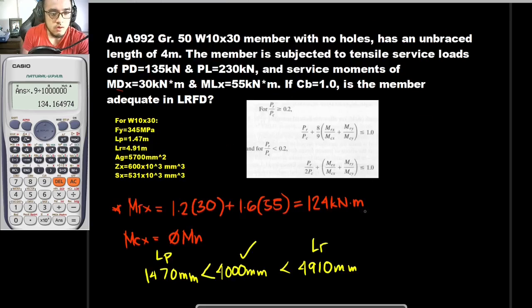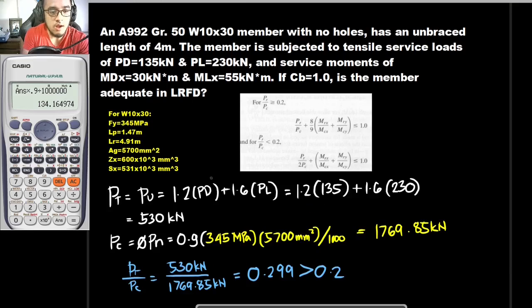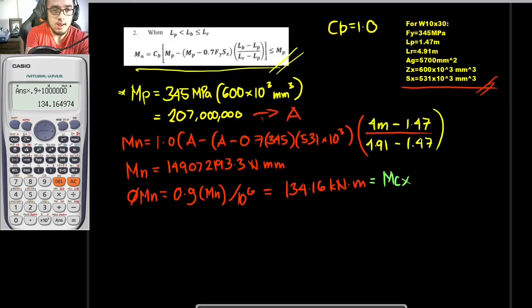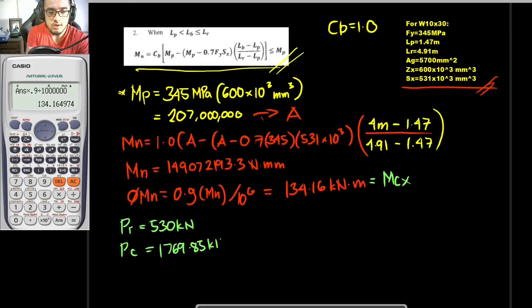Okay, for the values of our Pr and Pc, our Pr is 530 and our Pc is 1769.85. I would just be writing them in the last slide. So Pr is equal to 530 kilonewtons. Our Pc is equal to 1769.85 kilonewtons.